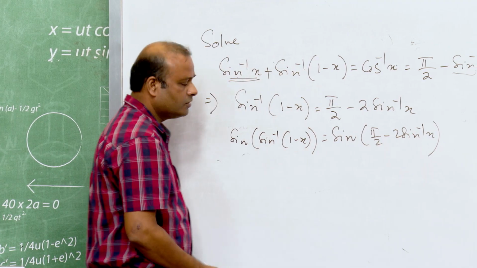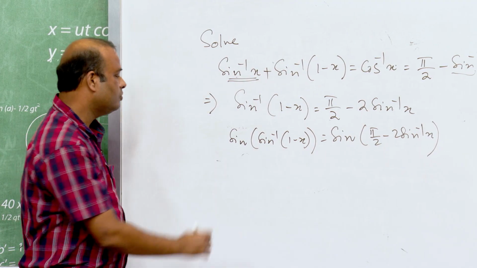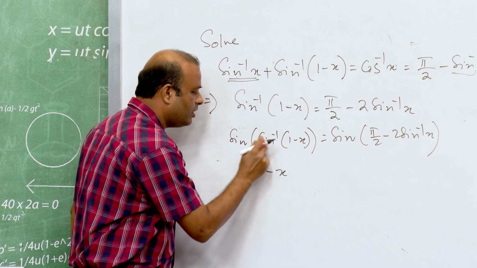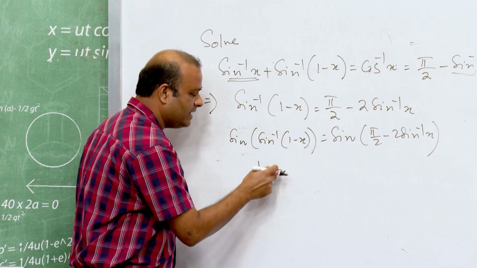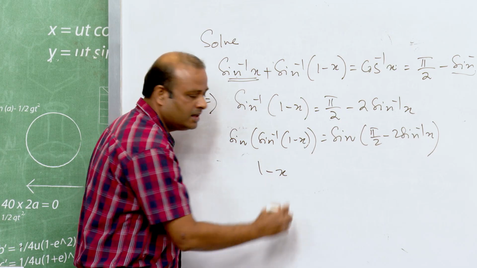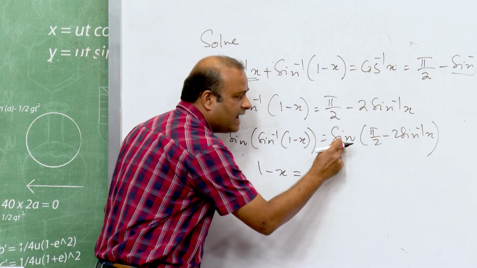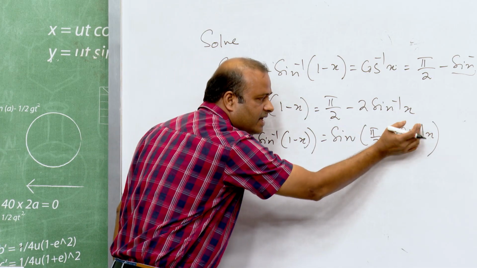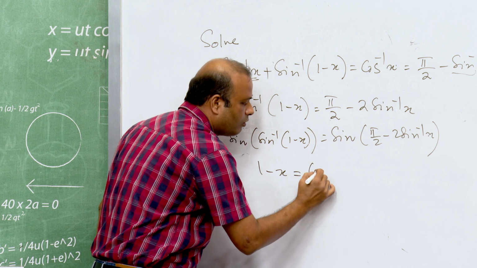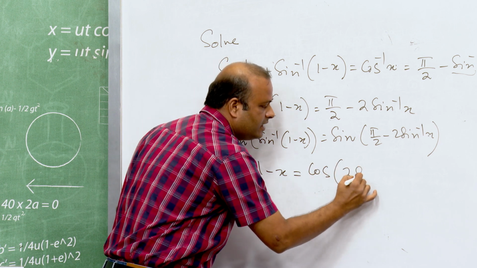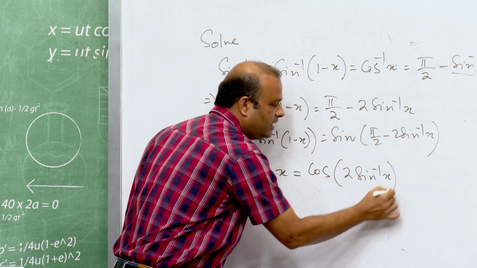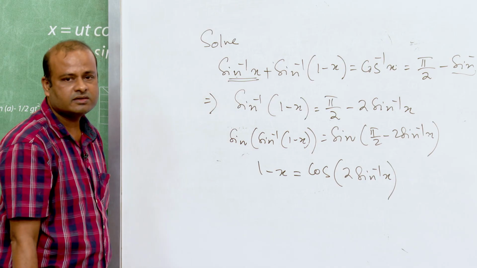So the left side is 1 minus x, which is equal to sin(pi by 2 minus theta), taking this as theta, which is cos 2 sin inverse x.